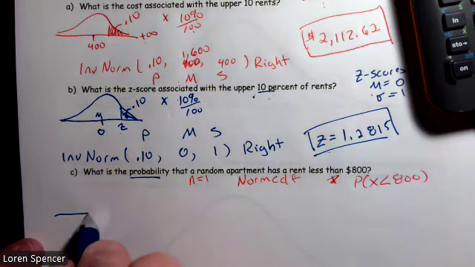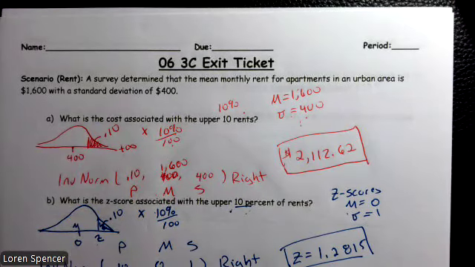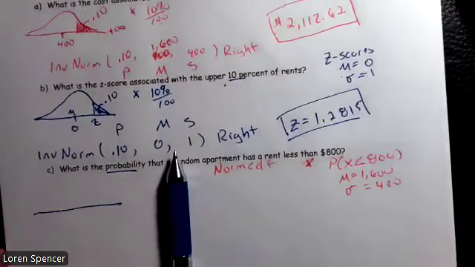If I'm drawing my picture, we learned up above that the mean is 1600. So I'm going to write that down here so I don't forget about it. The mean equals 1600, and we have a standard deviation of 400.